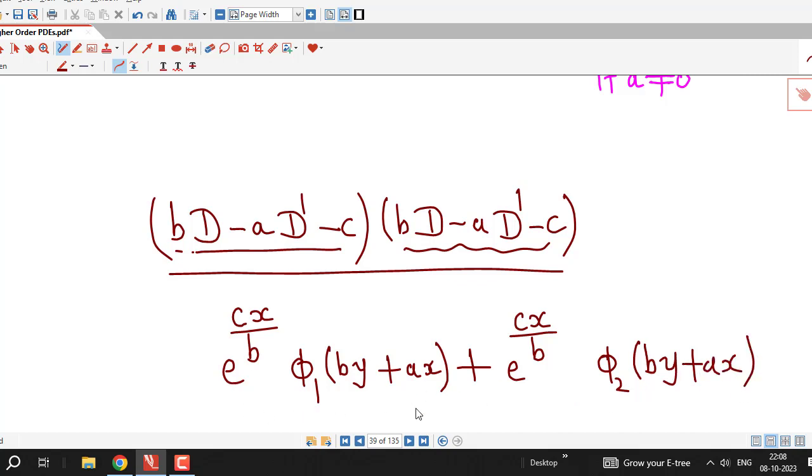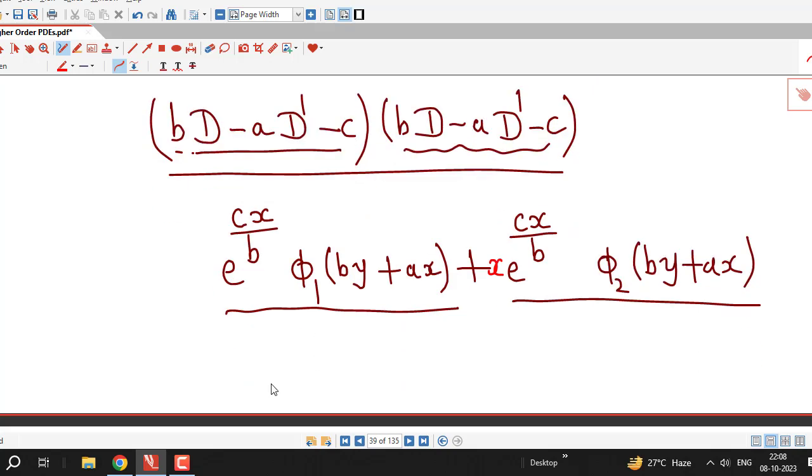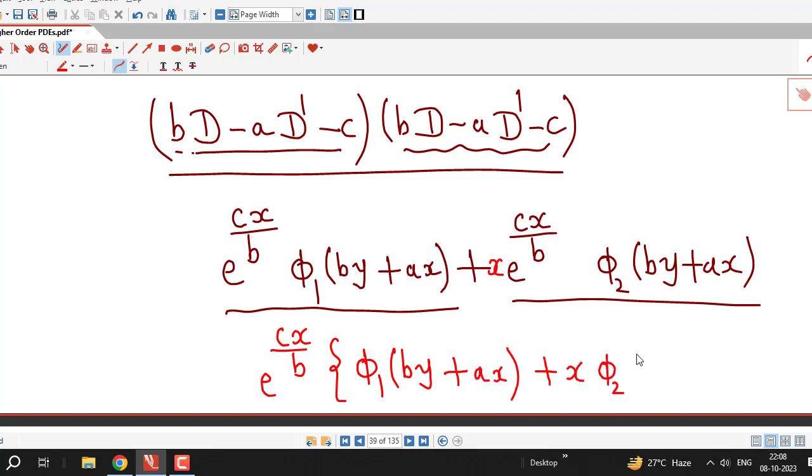But if we write it in this way, then we can see that these two functions are not linearly independent. So to make them linearly independent, we will multiply at least one function by x, and if we take e raised to cx over b common, then we have an arbitrary function of by plus ax plus x times another arbitrary function of by plus ax.